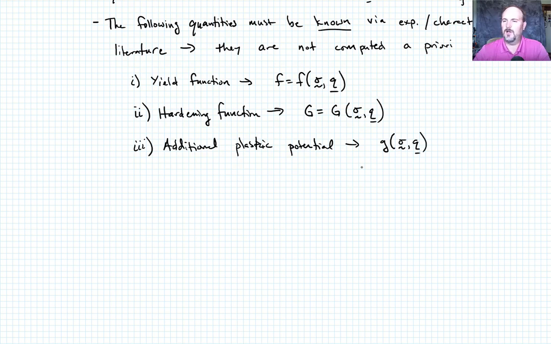It's a function of sigma and Q. And I'll just note here, this could be just F, just the yield function, for an associative flow rule.